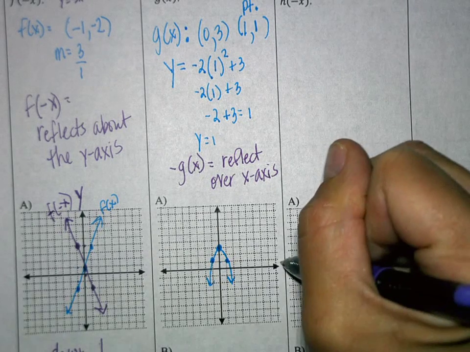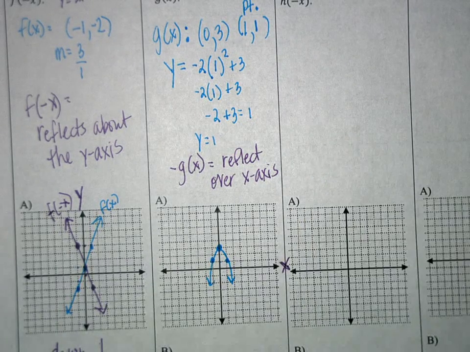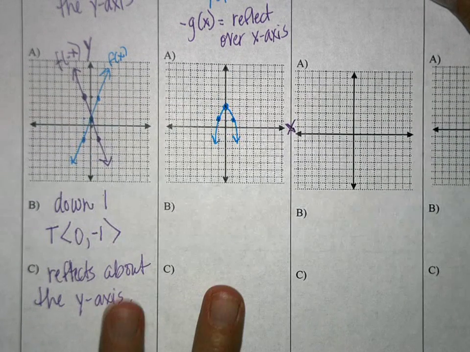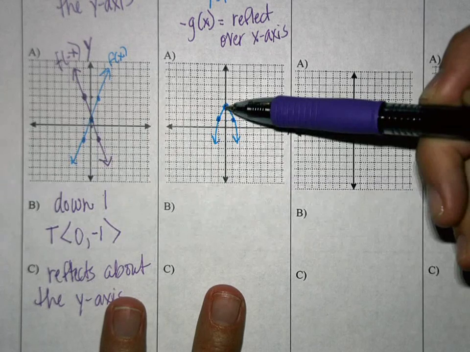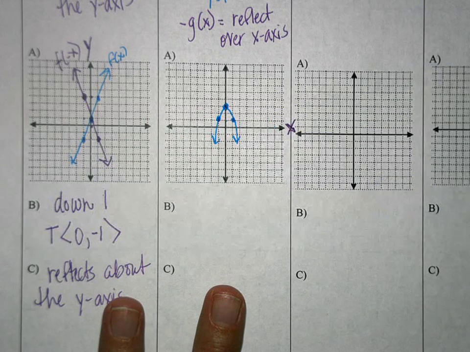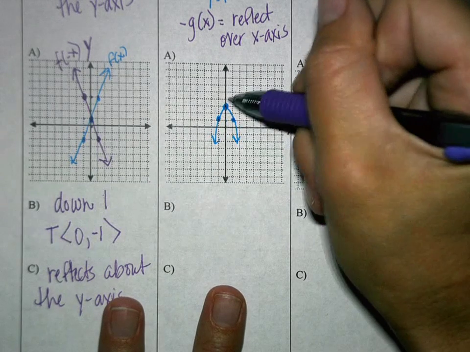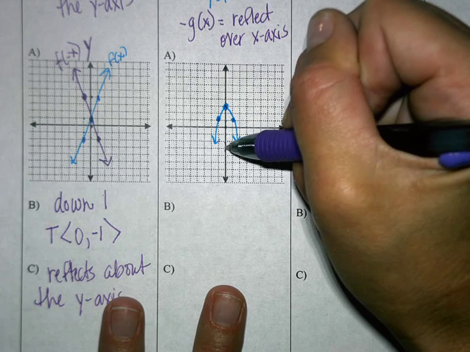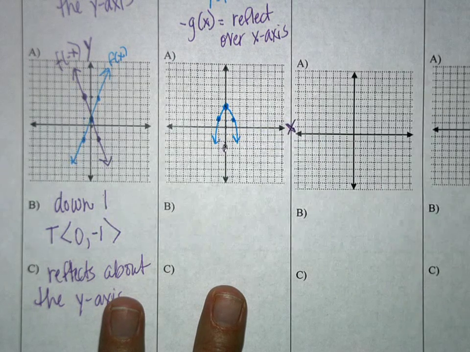Remember, our horizontal line here is our x-axis. Okay, so I'm going to move this up. So how many points is this away from the 3? So we're going to go 3 to get to the x, and then we're going to just go down another 3. So there's my vertex.